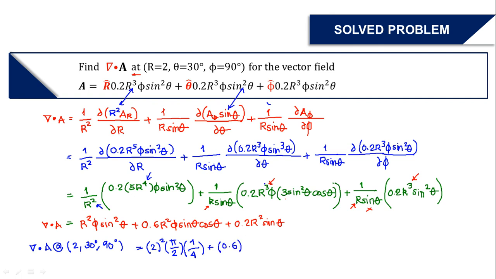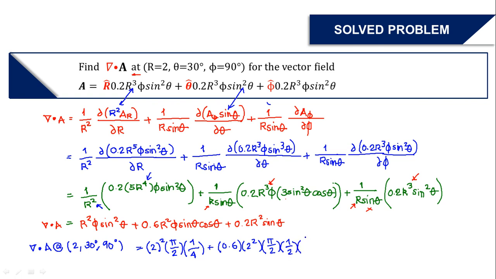0.6 r squared ulit. So we have 2 squared. Theta ulit na yun, no? Theta is, or phi is pi over 2. Sin theta, cosine theta. Ang sine ng 30 is 1/2.